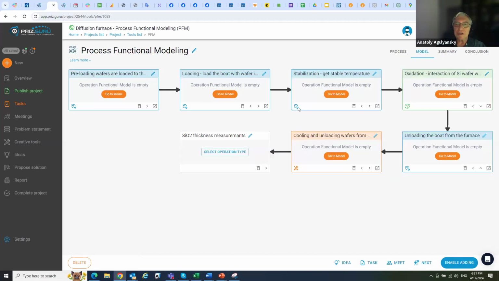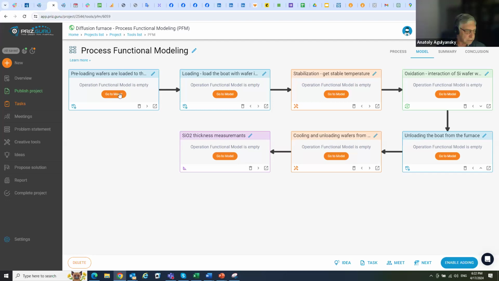I would say this stabilization. What's happening? Stabilization is corrective, and measurement is metrology. So the next step, we should create a functional model for each operation.